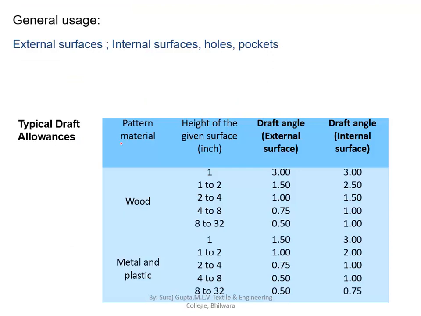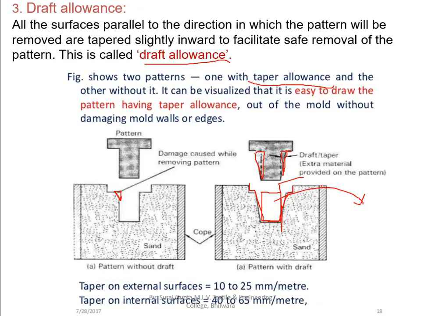Draft is also given in the form of an angle, or we can say the length of the draft. Means if we require a product like this but the pattern is to be made like this for easy removal of the pattern from the mold, this angle is known as the draft angle, which will be provided to the pattern.